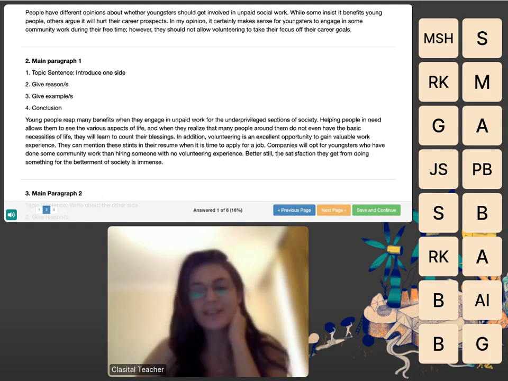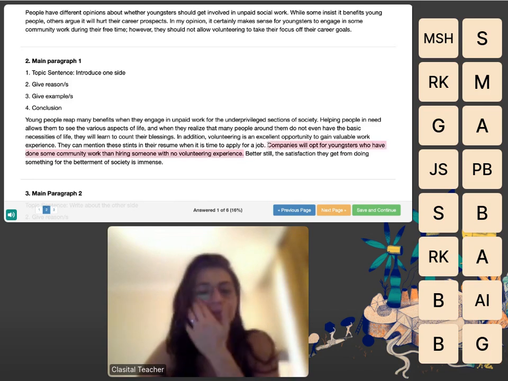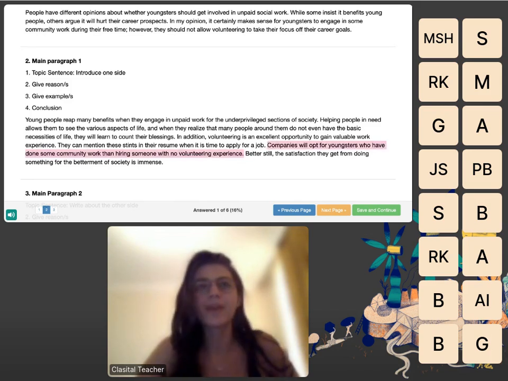Better still, the satisfaction they get from doing something for the betterment of society is immense. So, these two sentences at the end: the first one actually supports why putting something like this on our resume affects our career positively.